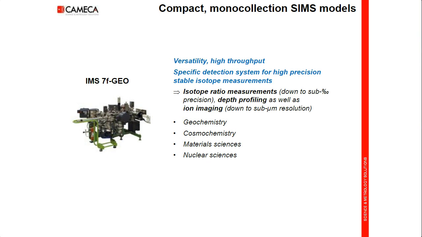Isotope measurements can be performed with a precision down to sub-per-mil, but it can also be used for depth profiling analysis as well as scanning ion imaging, with a lateral resolution down to sub-micron. There are many applications in geochemistry, cosmochemistry, as well as material sciences and nuclear sciences.